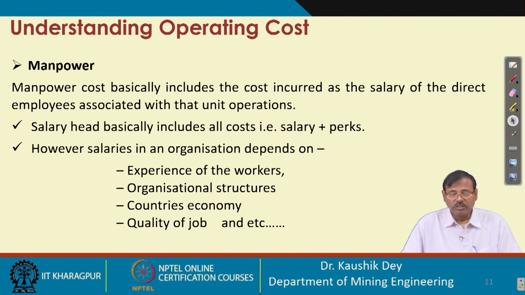But the question is what the salary is. Salary does not mean whatever money the person gets at month end. Here salary means all the cost incurred because of that person coming onto the company. It is the salary plus quarters plus clothing plus free canteens plus superannuation benefits, insurance, hospital facilities; all this must be considered under the salary head for this person.